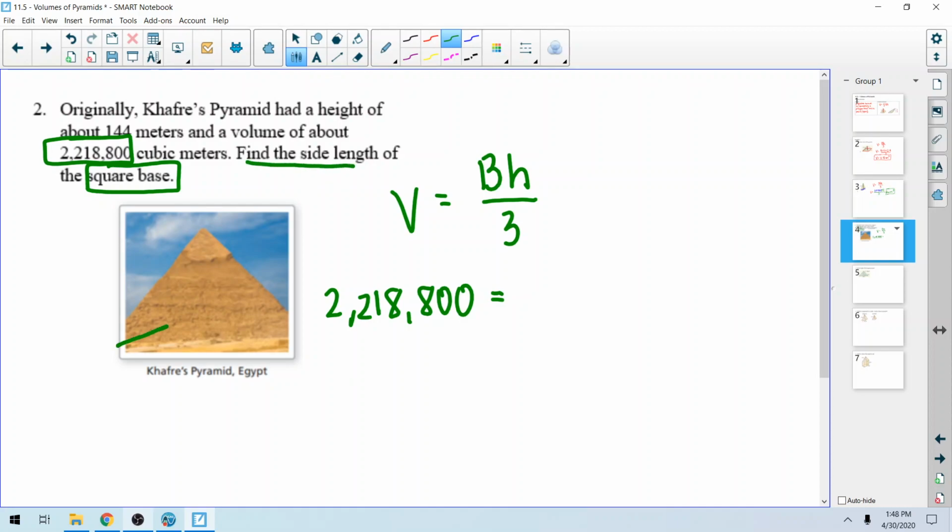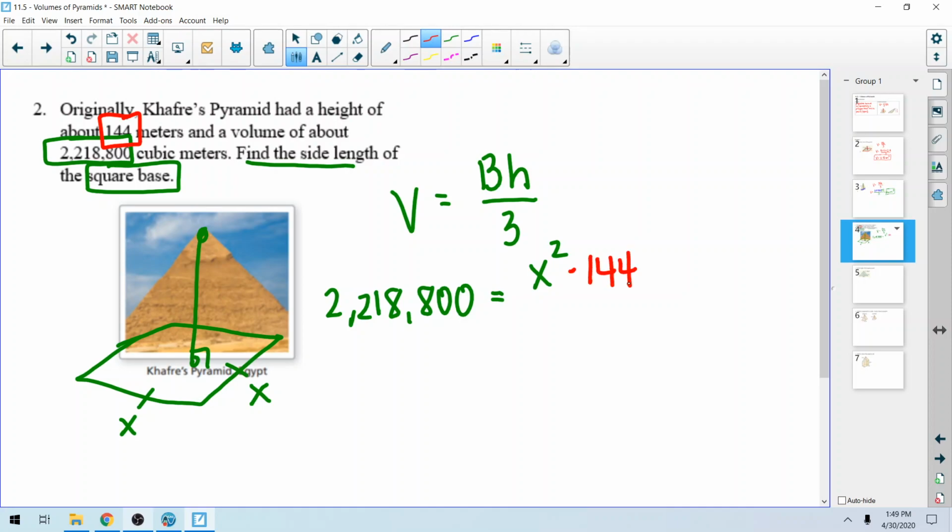So down here at the bottom of this thing, I have a square base, which means I know that the sides are the same, and I don't know what they are. So the area of the base I could write as x times x, or x squared, times the height of the pyramid, which they told me was 144, divided by 3 because it's a pyramid, and then I should get my volume.